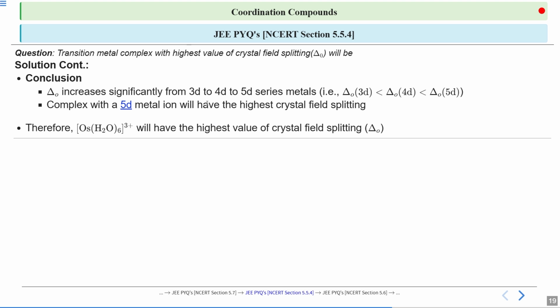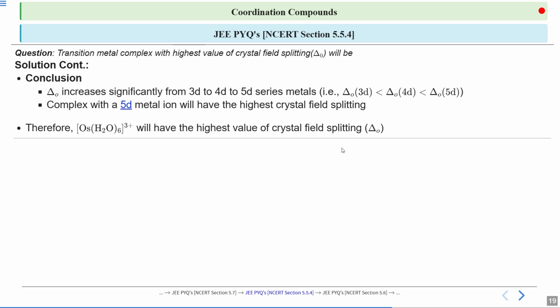Now the third factor is the delta naught value with the transition series in which the metal exists. Down a group, delta naught increases in the transition series. Using that fact, we have concluded that osmium [Os(H2O)6]3+, a 5d metal complex, is going to have the highest value of crystal field splitting.